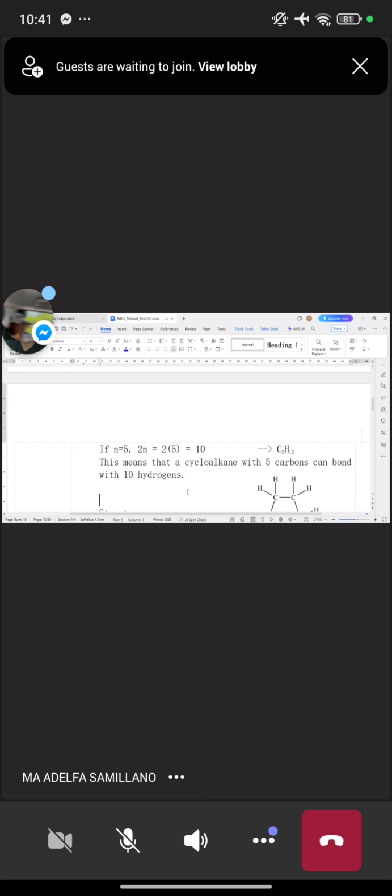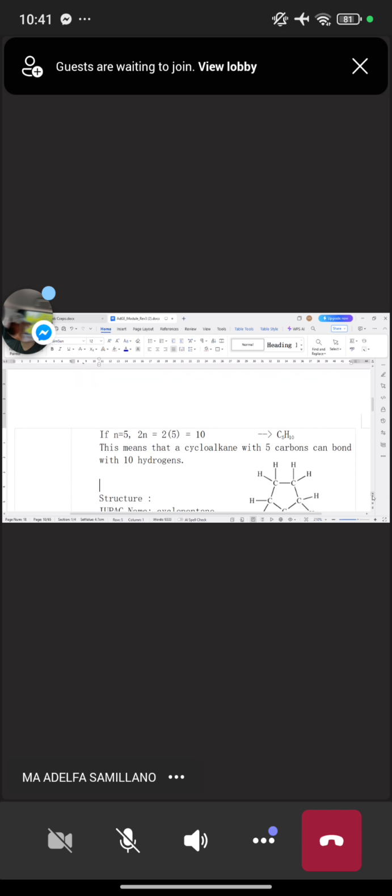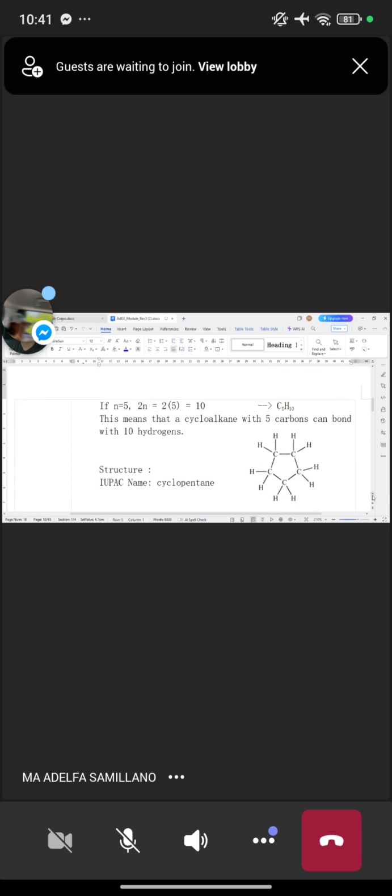You have your cyclo, pent, and then ane: cyclopentane. If we have 5 carbons, you simply loop them together, and we distribute the hydrogen atoms around them. Now, this is the structure for a cyclopentane.